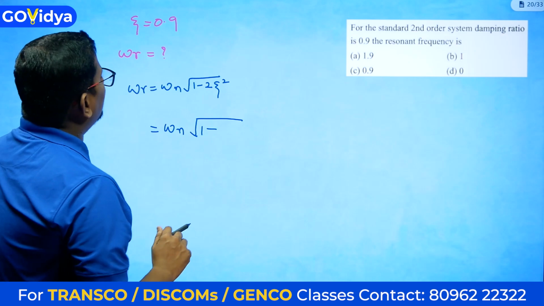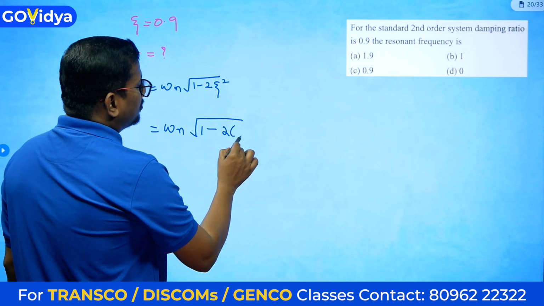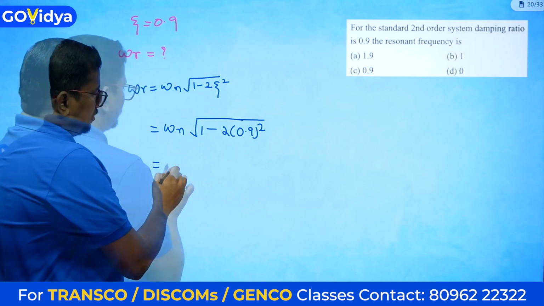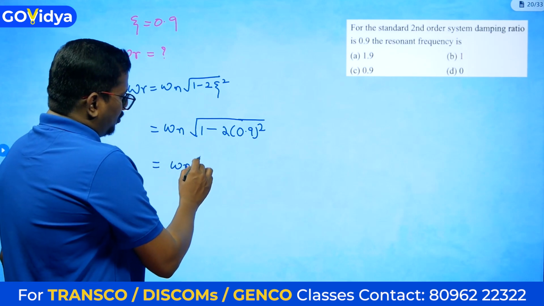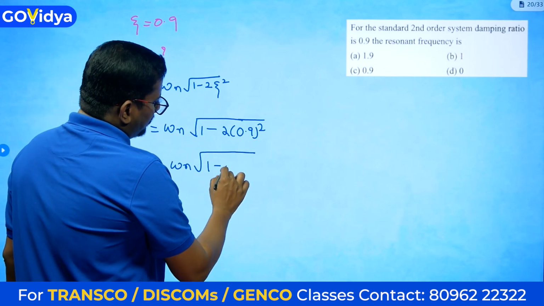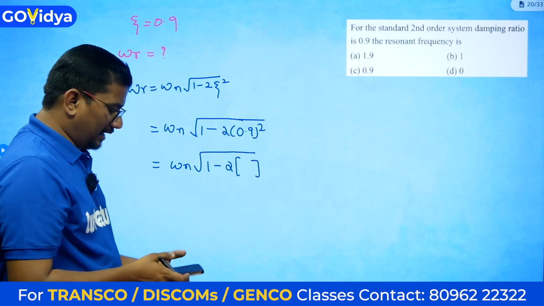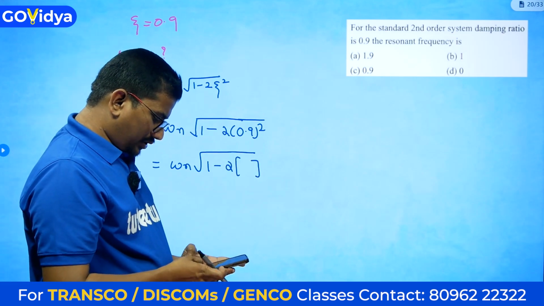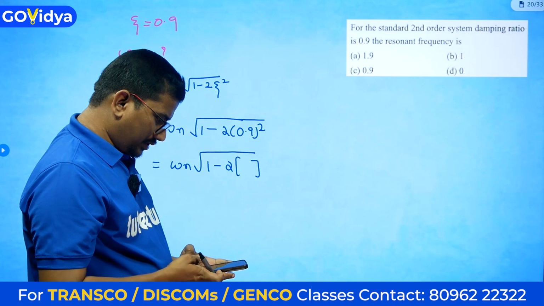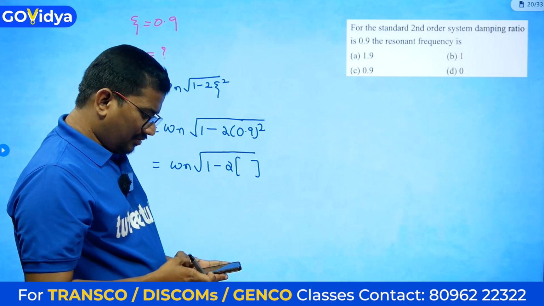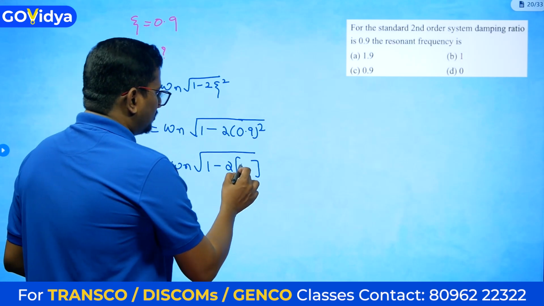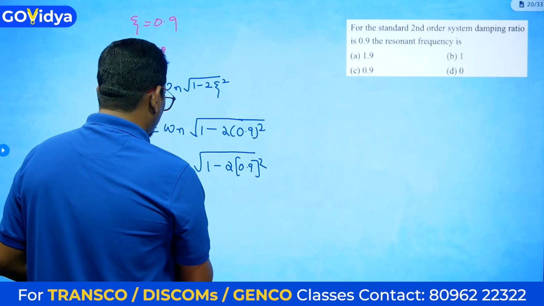What is the zeta value they have given? 0.9. So omega n into root over 1 minus 2 into 0.9 square. Calculate: 0.9 into 0.9 is 0.81, multiplied by 2, so therefore you will get 1.62.